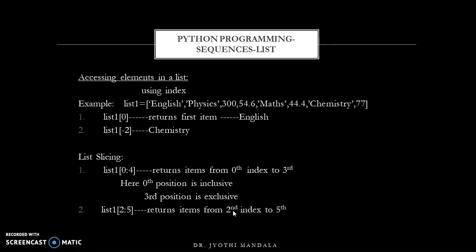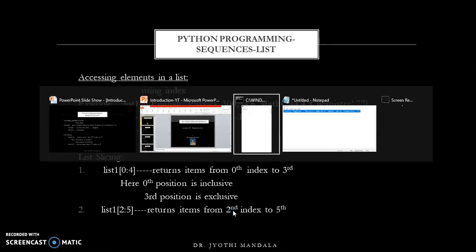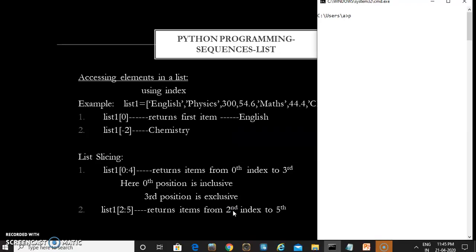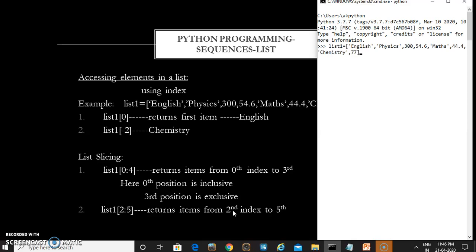Let us see an example for this. We need to move to the Python prompt first, and there I'll create the same list that I created here. Once the list is created, if you write list 1, the list will be displayed. Now if I want to check list 1 of -2, as in the same example, it should display chemistry.